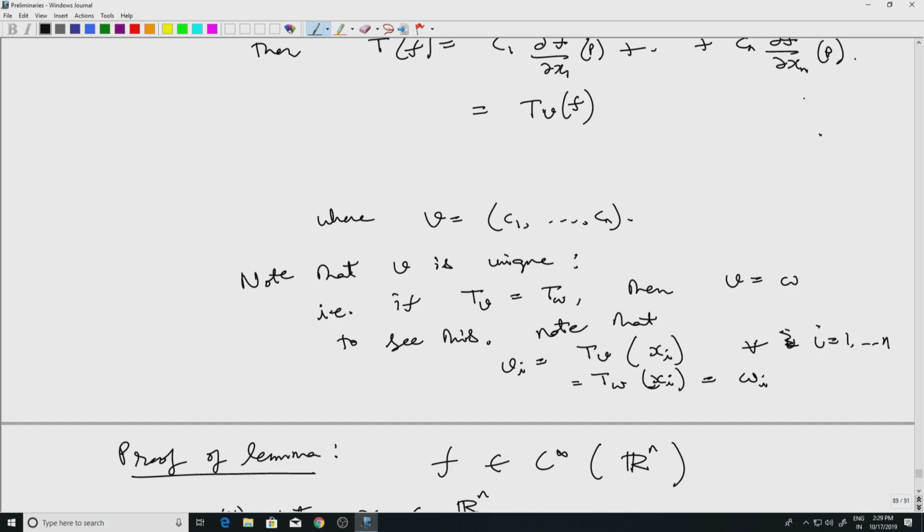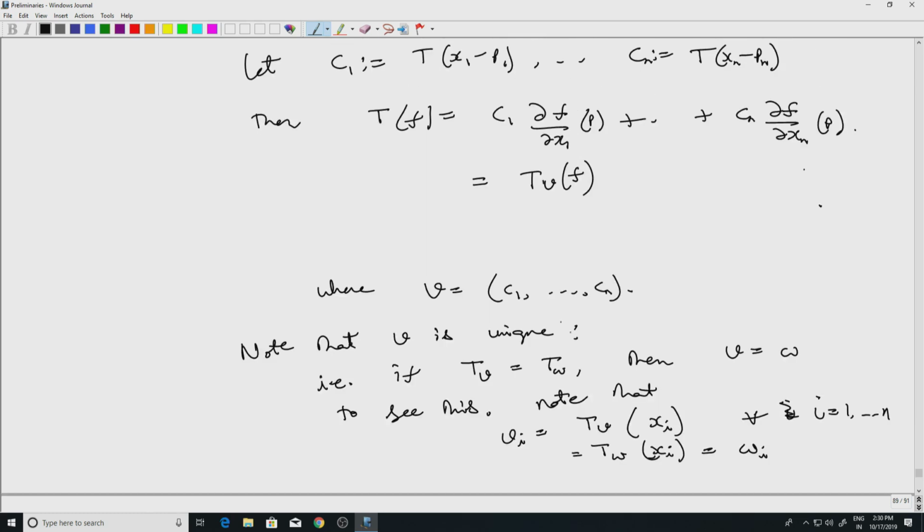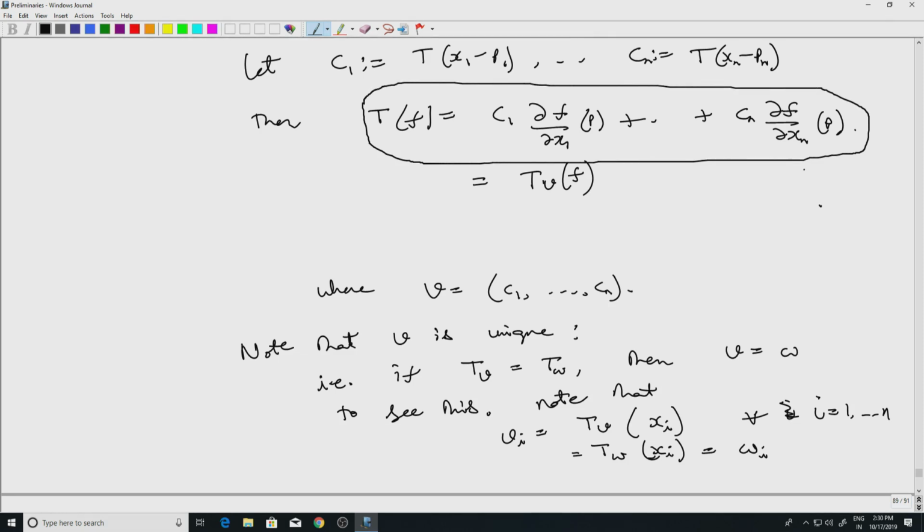And the reason for this is that you can recover the coefficients of the vector from the directional derivative operator just by acting the directional derivative operator along these coordinate functions xi. So T_V of xi, again all I'm doing is using this way of looking at the directional derivative.